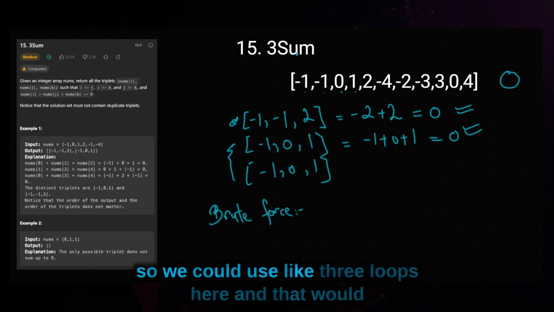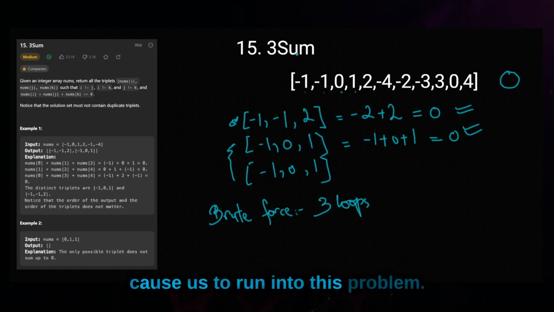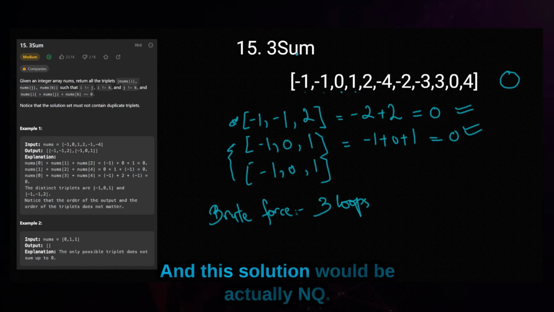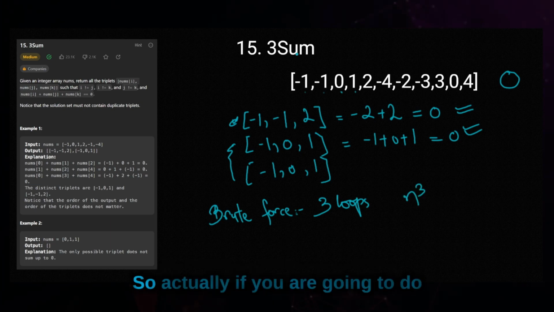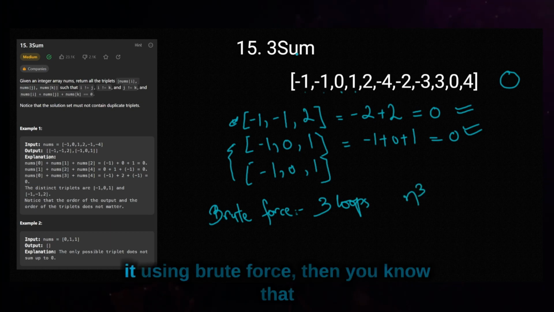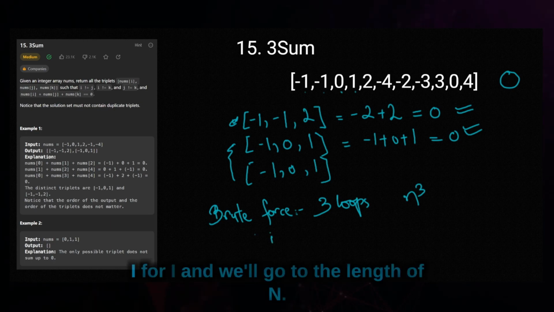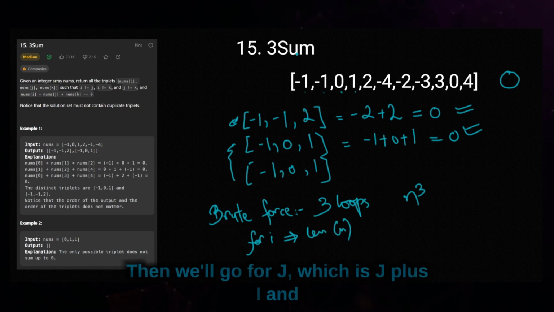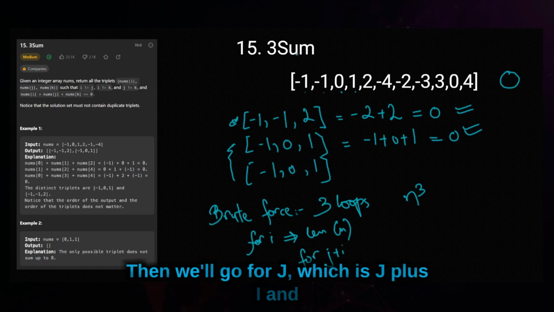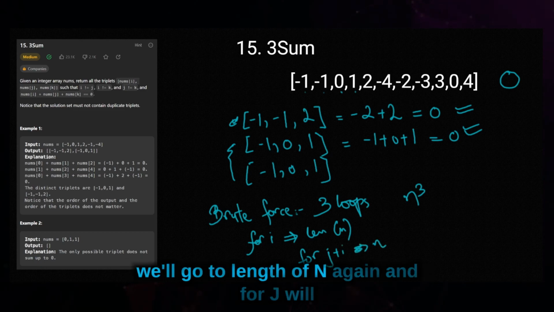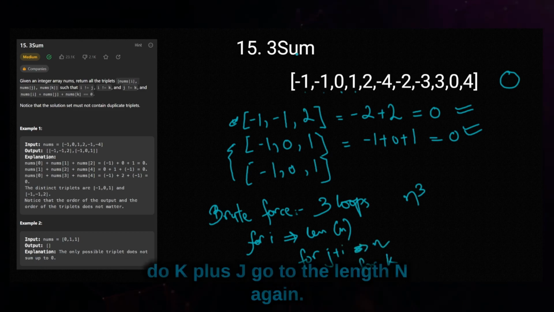We could use three loops here, and that solution would be O(n cubed). If you are going to do it using brute force, we will create three variables: i going to the length of n, then j starting from i plus 1 going to the length of n again, and k starting from j plus 1 going to the length of n again.